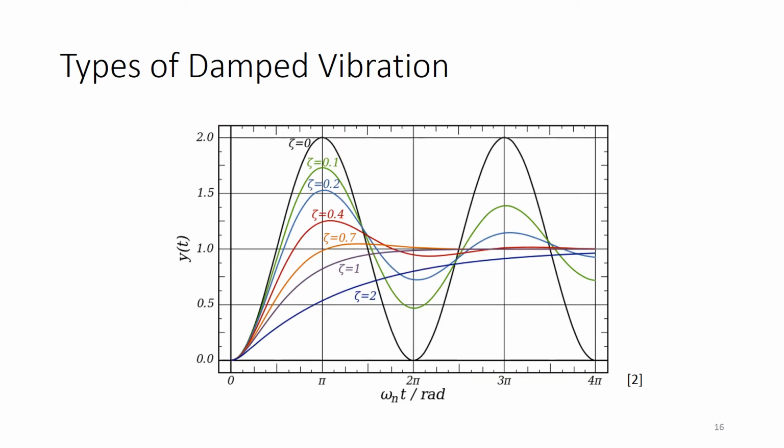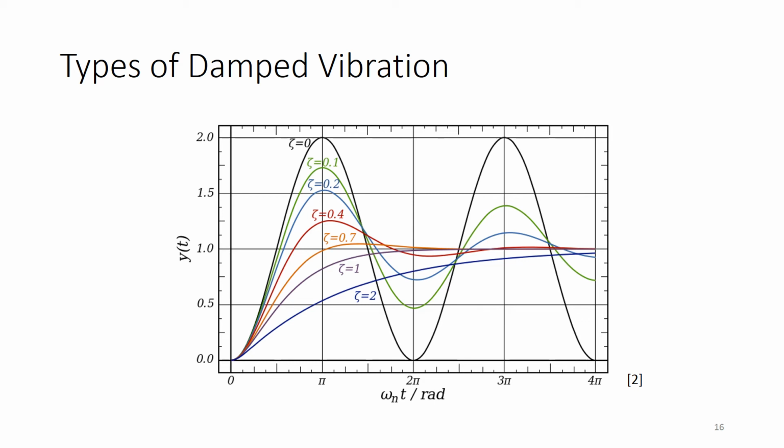You can see from this graph what the effect of zeta is and what it means. You can see that when zeta is equal to 0, there is no decrease in amplitude. As zeta increases, there is a decrease in amplitude with respect to time. You can see this for zeta equal to 0.1, 0.2, 0.4, 0.7.